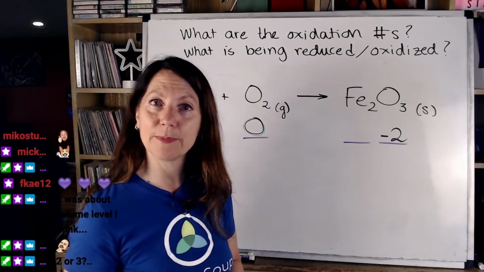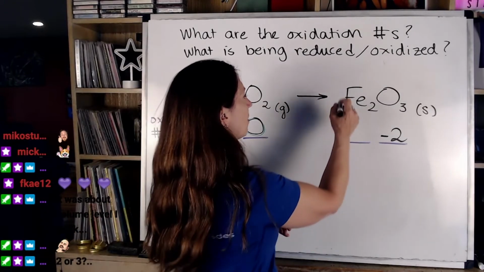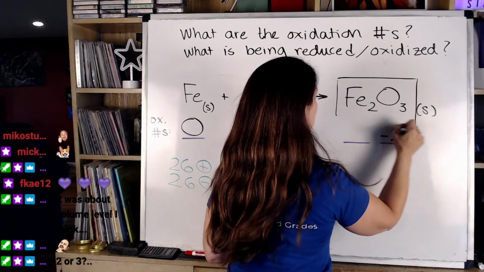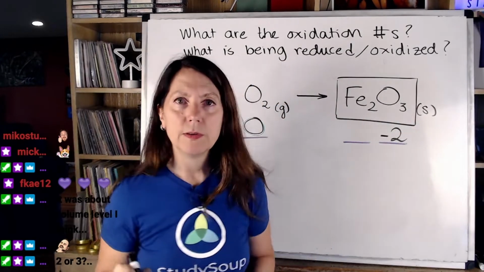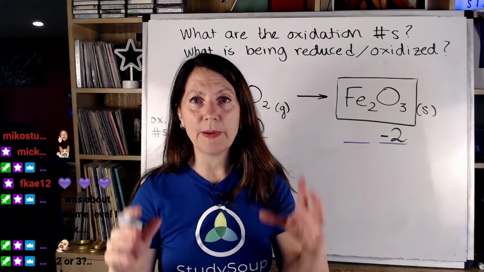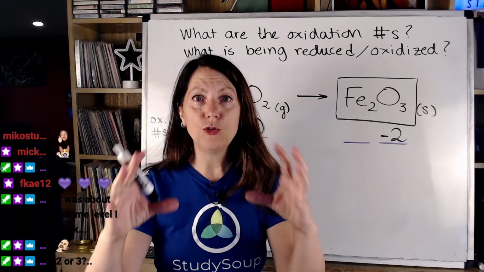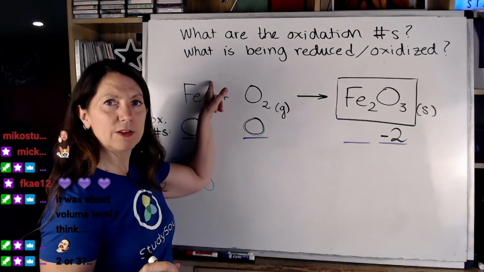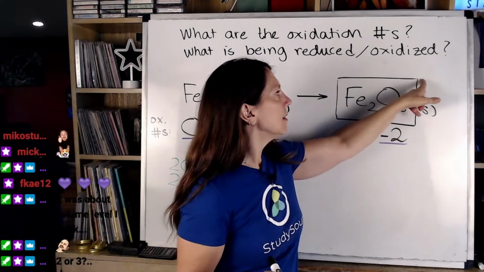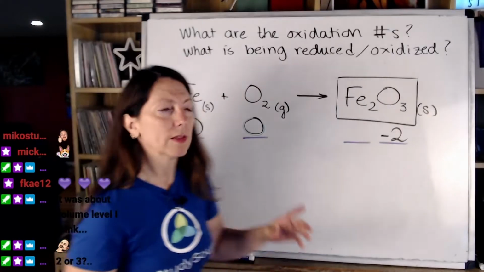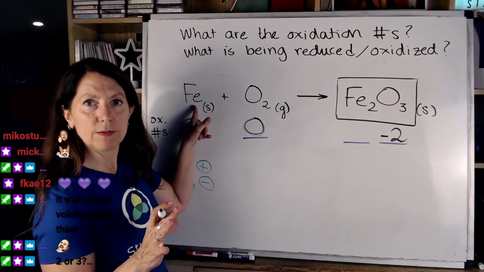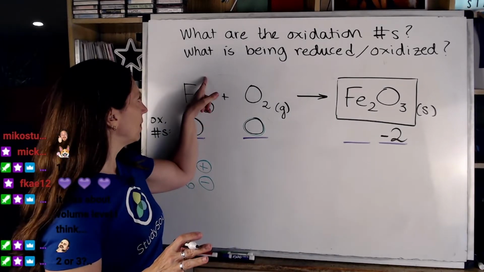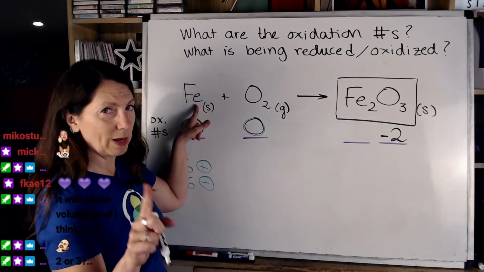Let's talk about that. Okay, so this is a compound. This is a compound, and it is neutral. Okay, unless we put some kind of charge up somewhere, all of these are neutral. Iron, neutral. Because we haven't put any, that's all it is, just iron, that one element.